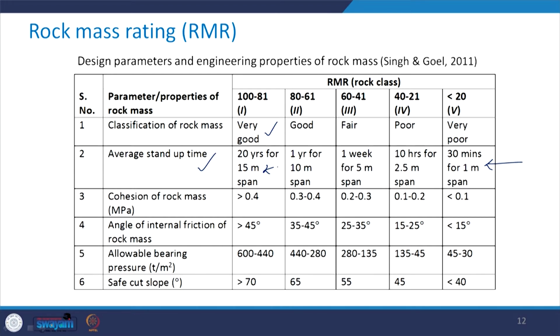Likewise, there are others for good rock mass, fair rock mass, poor rock mass and very poor rock mass. So, you see that as the quality of the rock mass deteriorates, the stand up time reduces. See, from 20 years for 15 meter span to 30 minutes for 1 meter span.